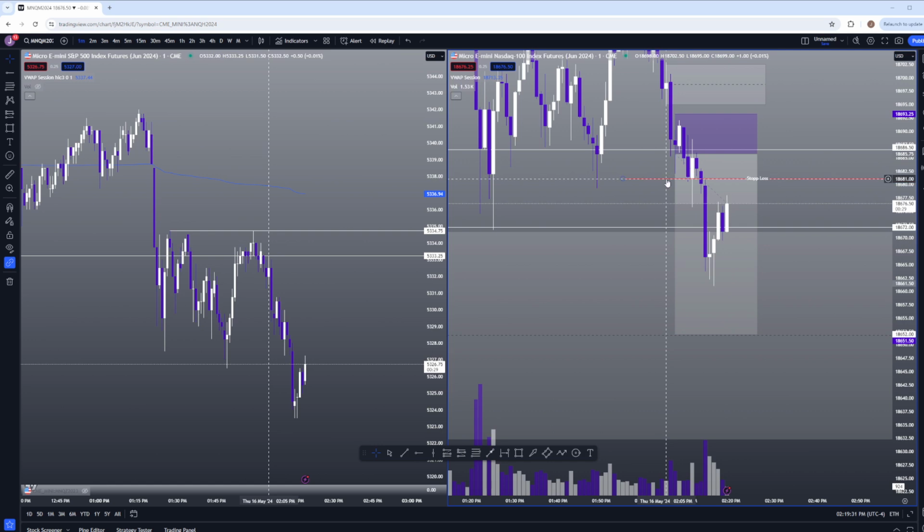So I'm still holding my stop at that level. We're getting pretty close to it. Either way, another win on the books. Another win in the books for us.